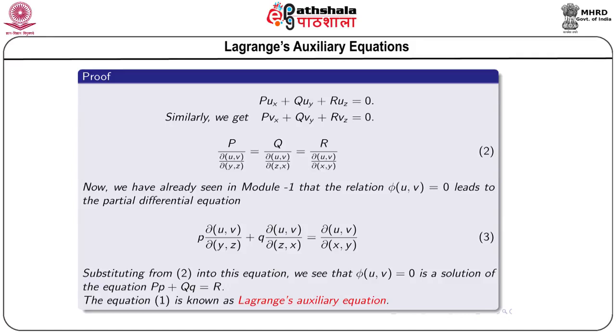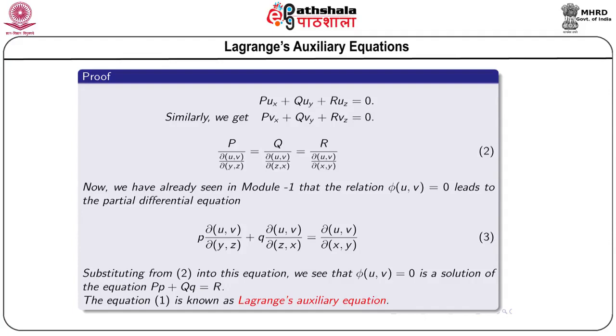Now, we have already seen in module 1 of this chapter that the relation phi(u, v) equals 0 leads to the partial differential equation P del(u,v) del(y,z) plus Q del(u,v) del(z,x) equals del(u,v) del(x,y).